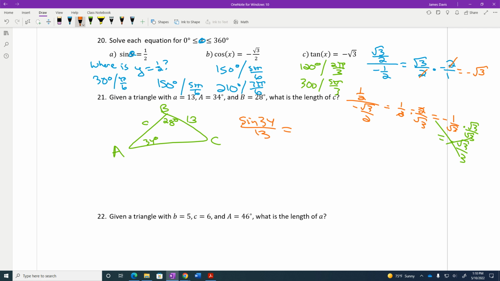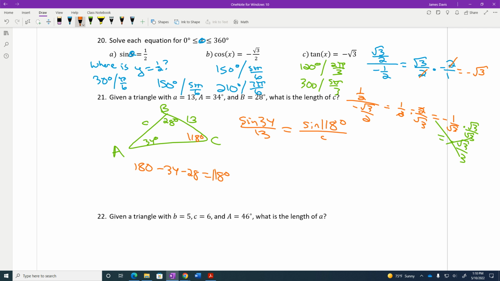We just use the fact that there's 180 degrees in a triangle and subtract these two. And then we get 118. So the sine of big C, sine 118 over little c.